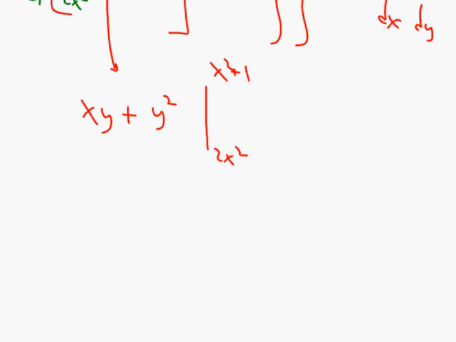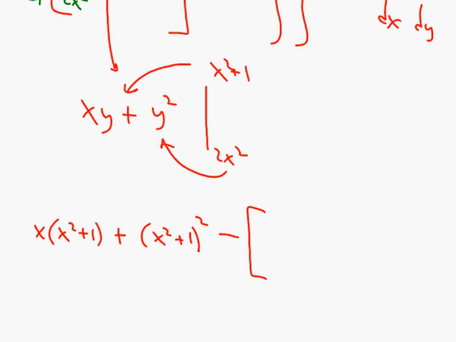When we plug in the top expression, we get x times (x squared plus 1) plus (x squared plus 1) squared, minus, now I plug in the bottom expression, so we get x times 2x squared plus (2x squared) squared.